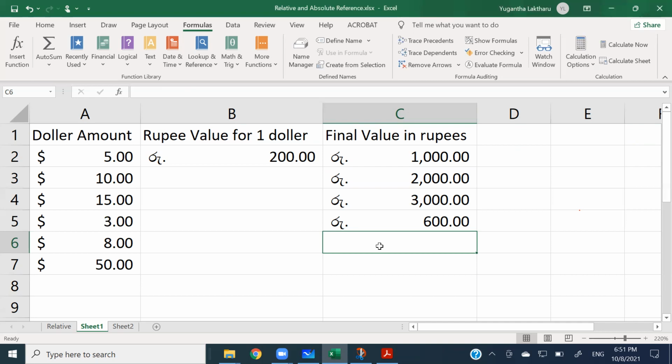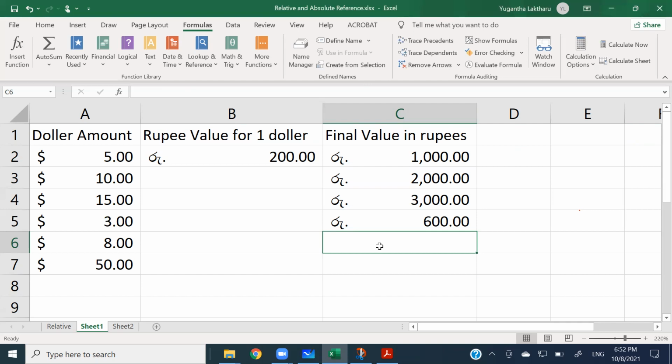Absolute cell reference means we are making that cell reference not change in any particular place that it is going to be copied. We make a method to stay unchanged wherever it is copied. That is what you call the absolute cell reference.